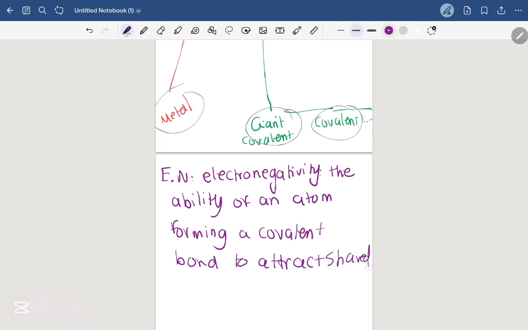Now, you don't need to memorize, but you really need to understand how the electronegativity is on the periodic table. Now, this is a very good example of how it's supposed to look.